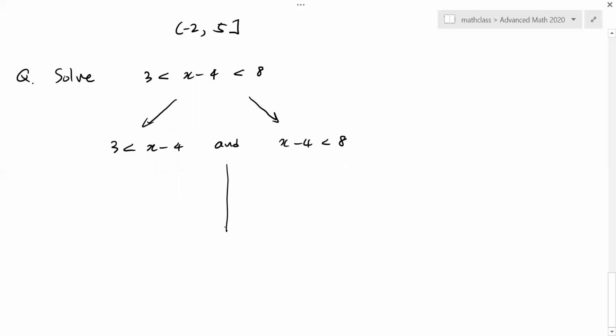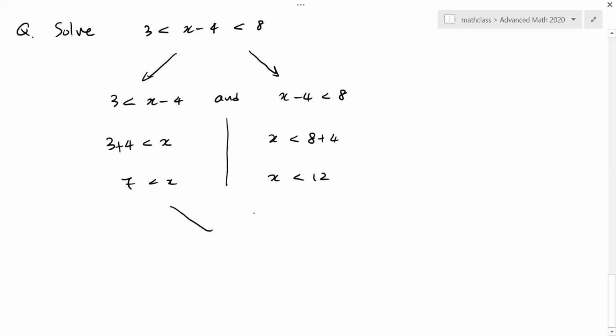You move negative 4 to the left-hand side, and here you move negative 4 to the right-hand side. Then you simplify: 7 is less than x, and x is less than 12. So you can combine them again: x is greater than 7 and less than 12.